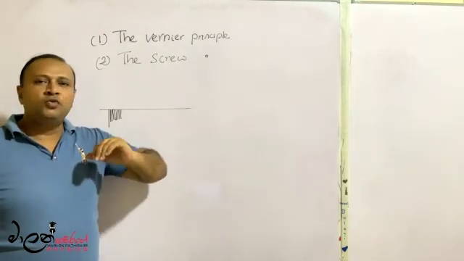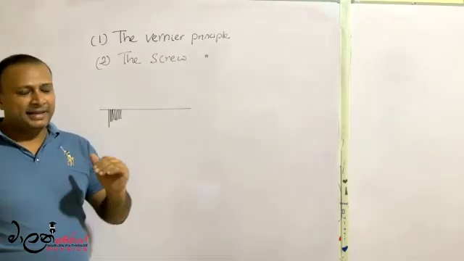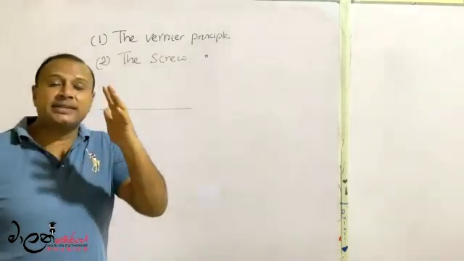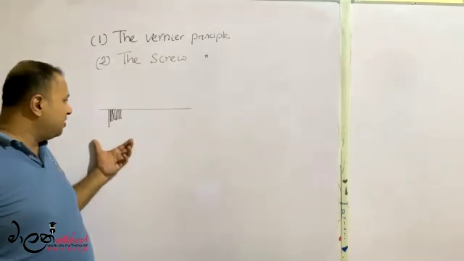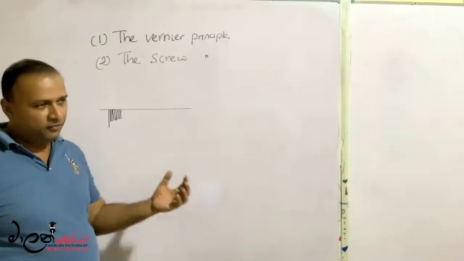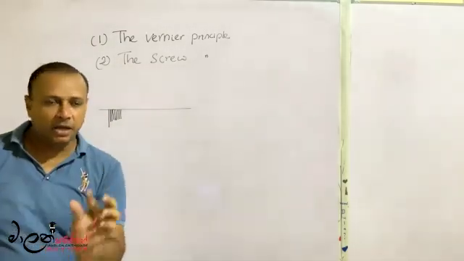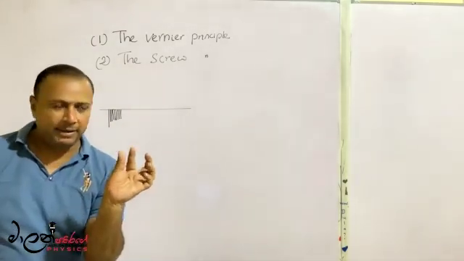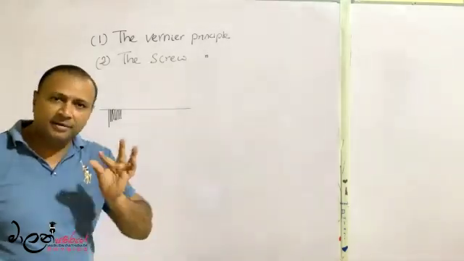According to Vernier's principle, he used two scales instead of one scale because the problem was this: if we reduce the least count, it is very good for accuracy, but it is not readable.